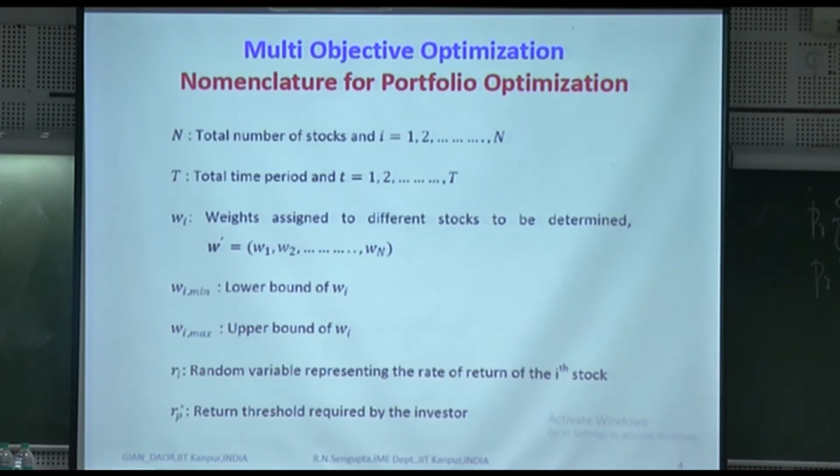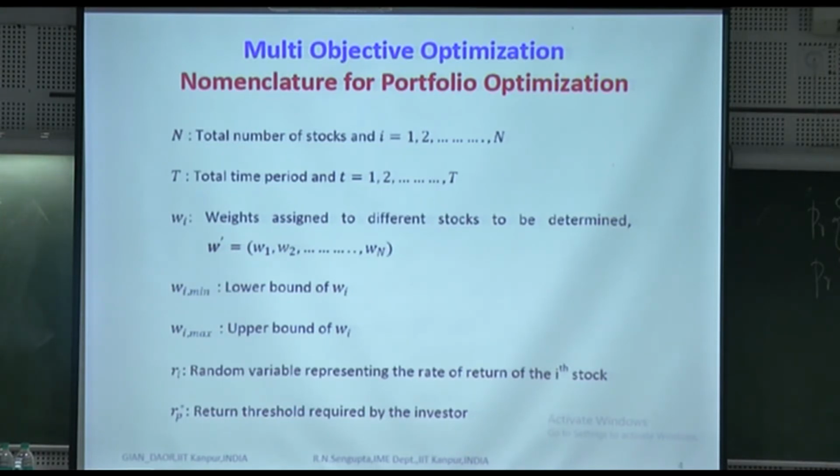Small wi's are the weights, from w1 to w capital N, and I am considering that the weights for each are bounded between Wi minimum and Wi maximum. In the case where there is no minimum or maximum value, Wi min and Wi max for all the stocks would be 0 and 1 respectively.